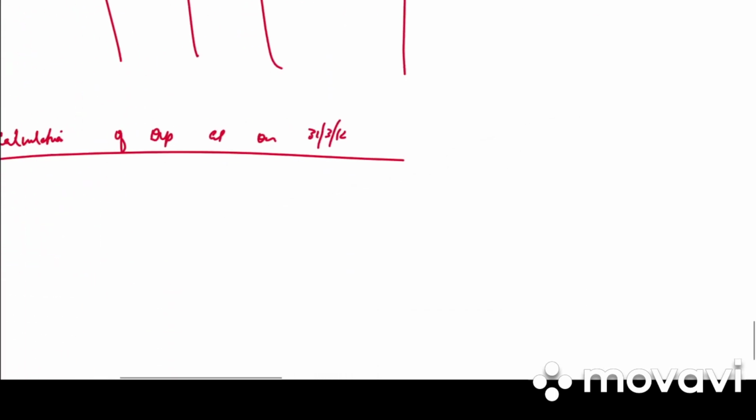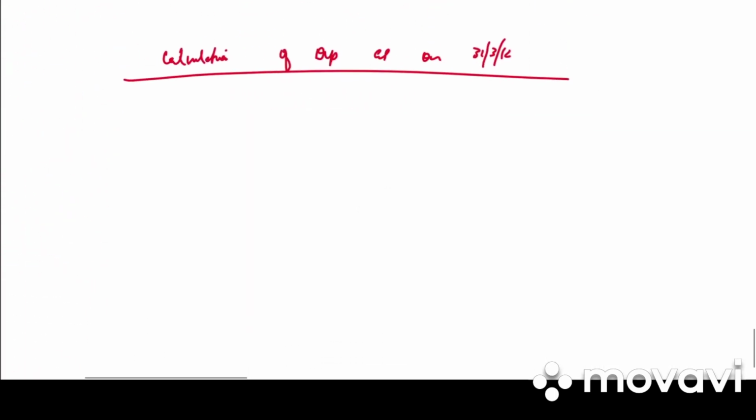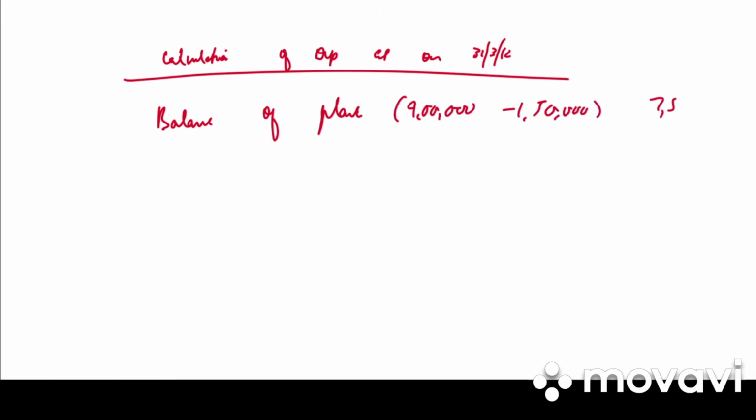So how do we calculate the depreciation as on 31st March? So balance of plant. 9 lakh was the plant. We sold 1,50,000 plant. We get 7,50,000 less balance of provision for depreciation account.